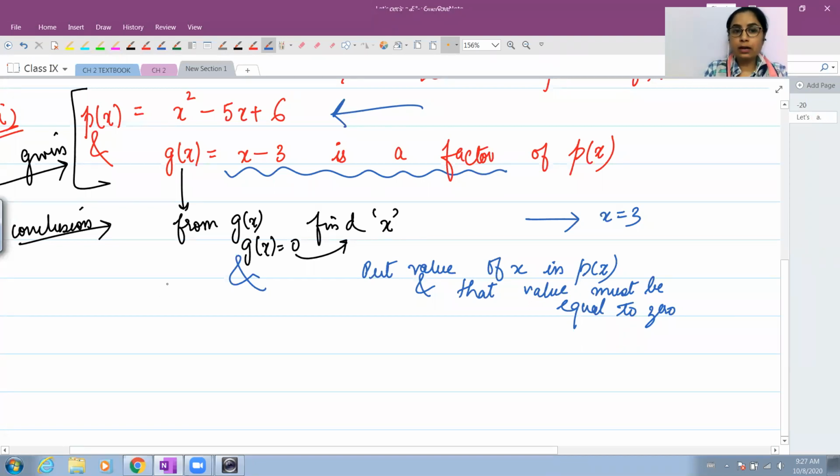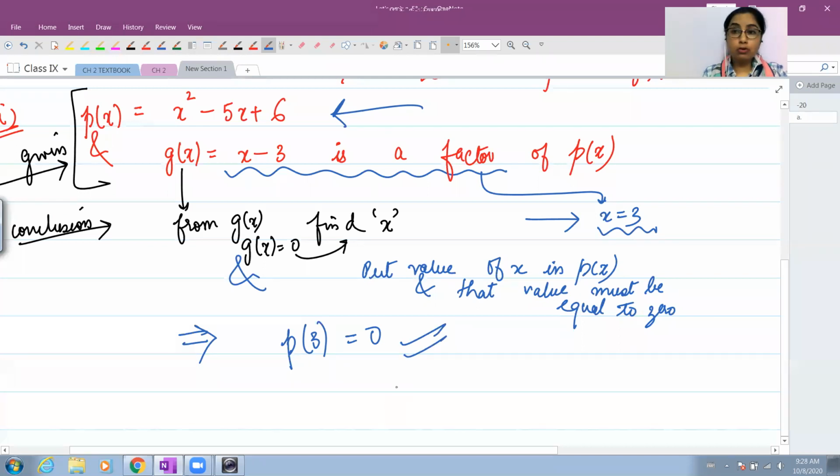So using factor theorem, I could conclude that the value obtained from this factor, ये जो factor कहा है x minus 3, इसमें से जो value आती है x की, if this value is put in px, this is to be equal to 0. I can just write it in the beginning. I'm not going to check it. I know it for sure.